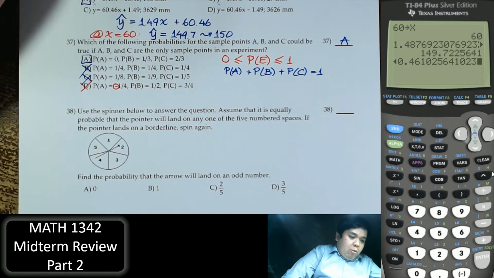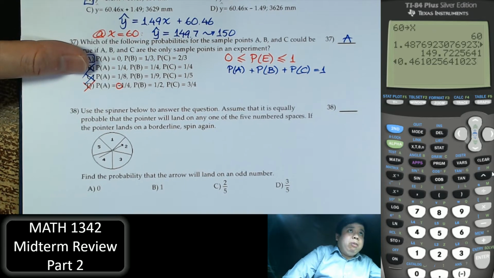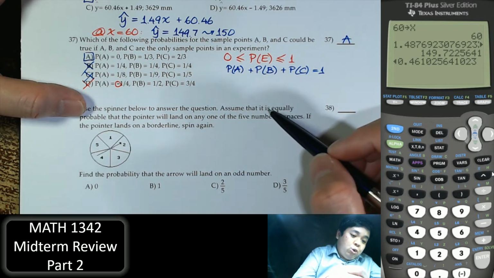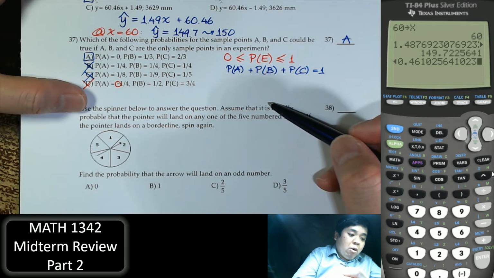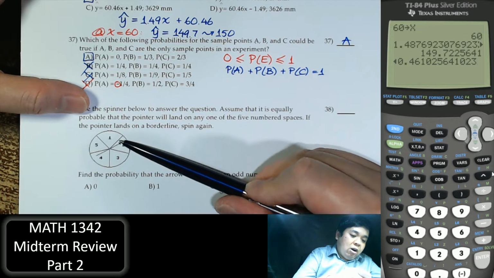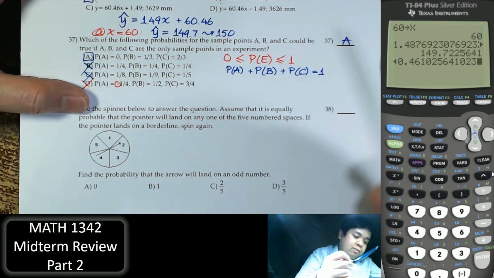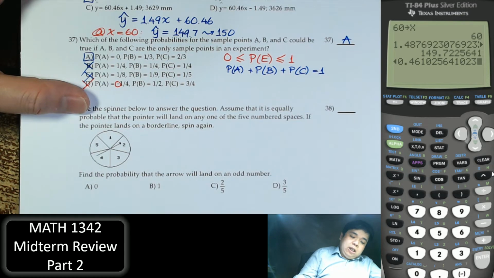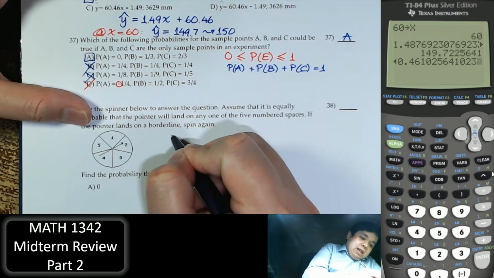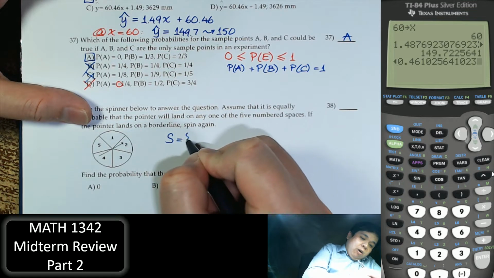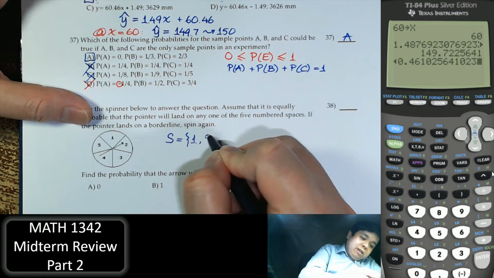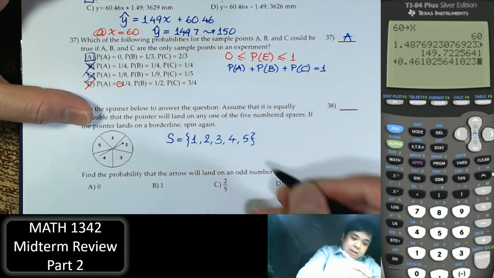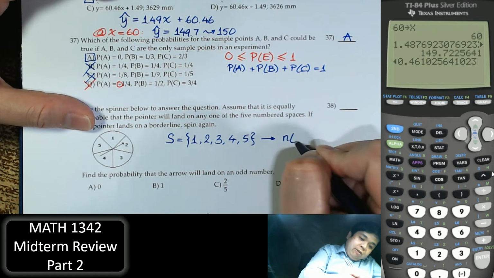Right, now more on probability. Use the spinner below to answer the question. Assume that it is equally probable that the pointer will land on one of the 5 numbers. Find the probability that the arrow will land on an odd number. So in this case, the spinner or the sample space has 5 numbers.